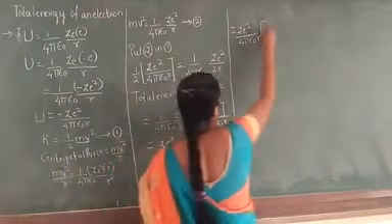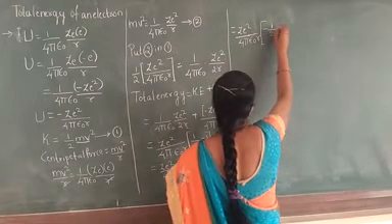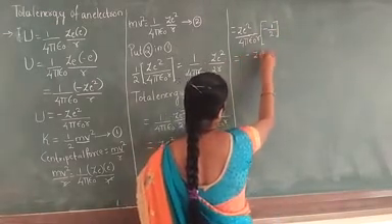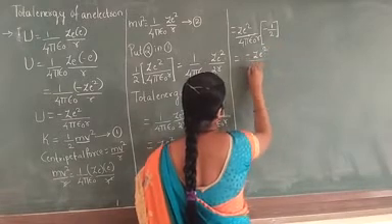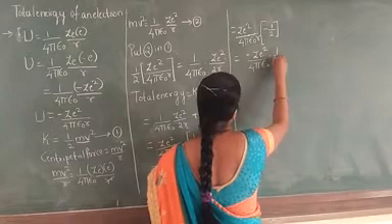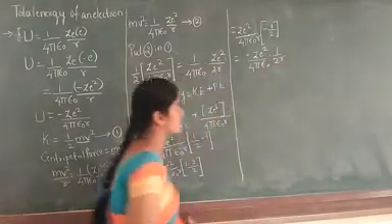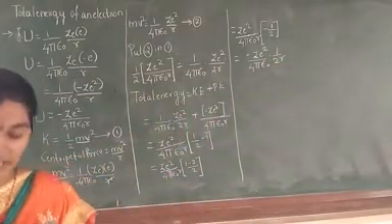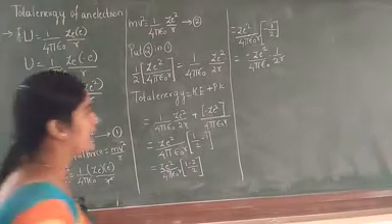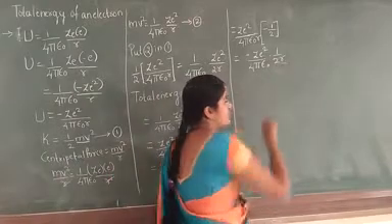So the total answer we get is Ze square divided by 4 pi epsilon naught r into 1 minus 2 by 2, or this can be written as minus Ze square divided by 4 pi epsilon naught into 1 by 2r. Therefore, the total energy expression is minus 1 divided by 4 pi epsilon naught into Ze square by 2r. In this condition, we know the value of r, the radius of the orbit.